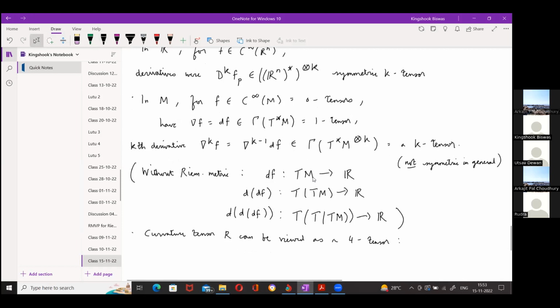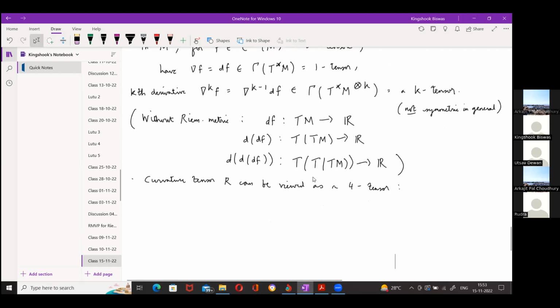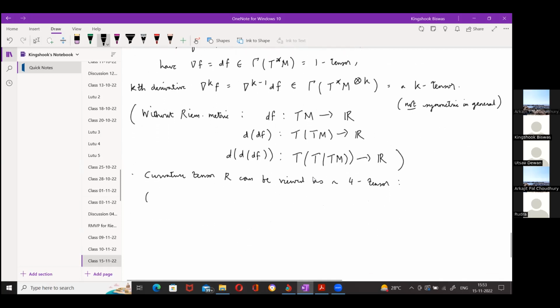What is the 4 tensor? If I have 4 vector fields, say V, W, X, Y, then you get a function, the inner product between R of V W acting on X, with Y, right? So this is a 4 tensor.